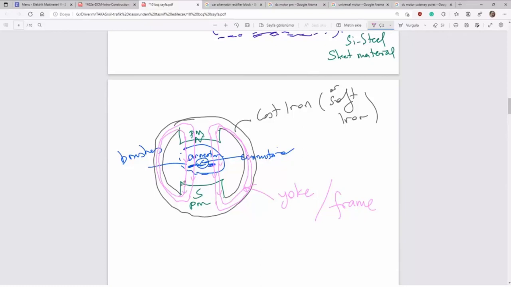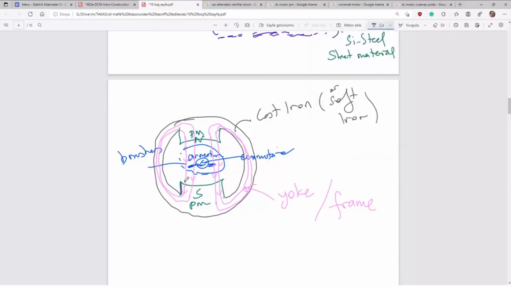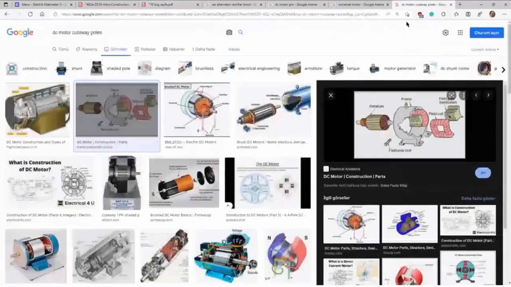Those are permanent magnet blocks in green, made of neodymium, for example, neodymium iron boron. Those are different materials constructed by different elements, and then those parts will be mounted together with the yoke to construct the stator.